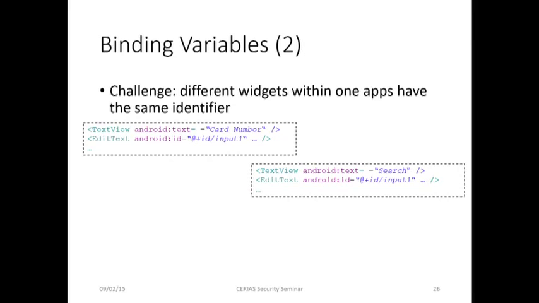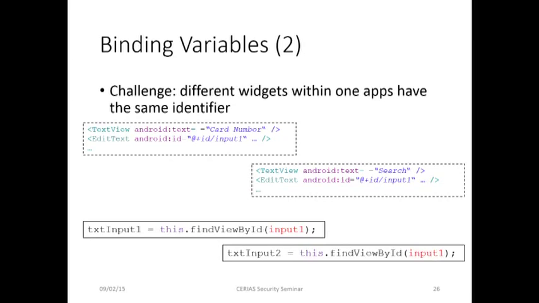For example, the input 1 for the card number is sensitive, but the input 1 for the search keyword is insensitive. So if we directly associate the identifier to the code, we cannot distinguish the references of sensitive user inputs from the insensitive ones.